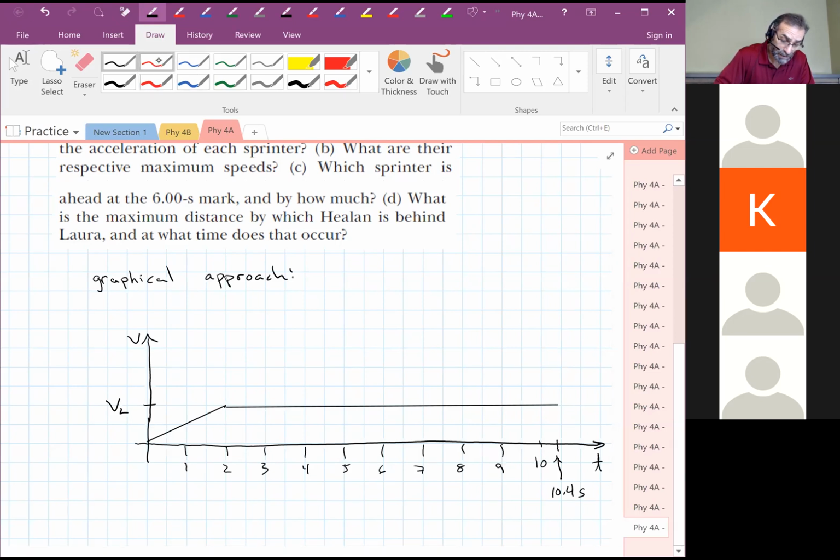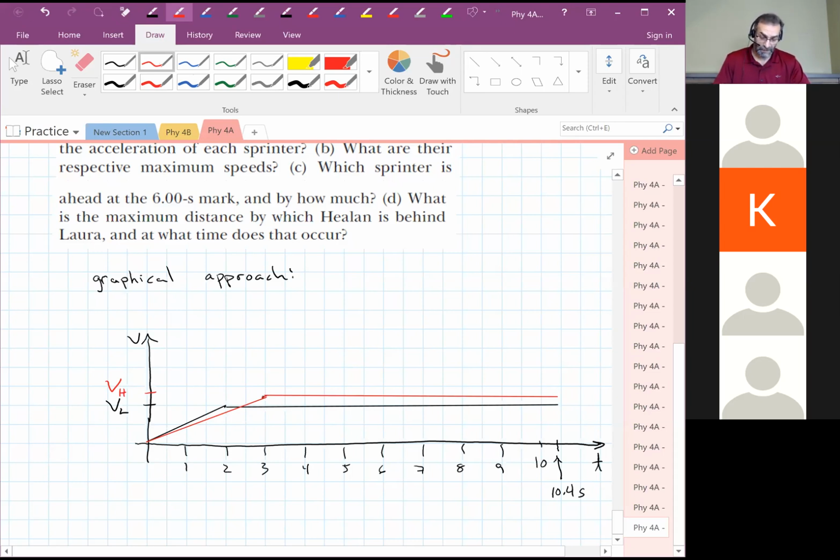I'll use red, I guess, so it's obvious. 3 seconds. And so this would be VH, right? Okay, this should be nice and continuous there, okay?